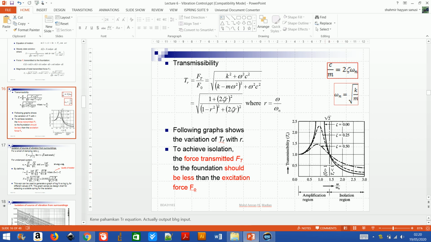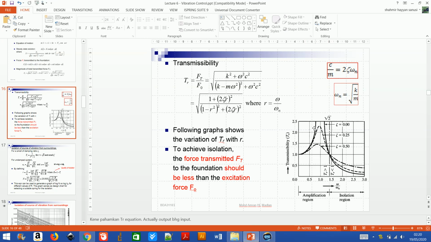If the frequency ratio is less than square root of 2, or 1.4142, we will see that the transmissibility ratio will be over 1.